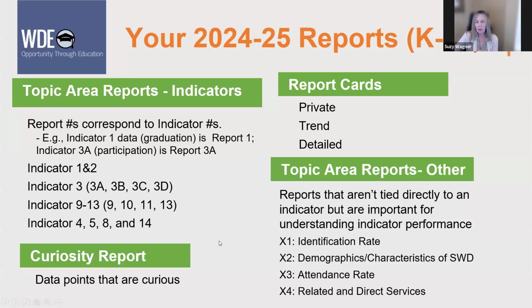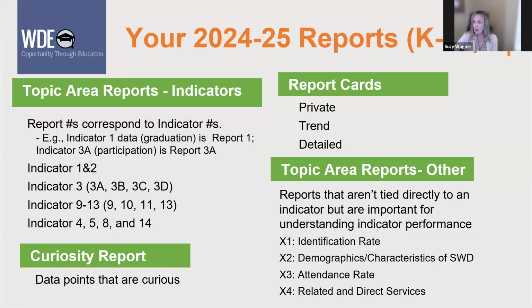The curiosity reports are something we started doing a few years ago that just point out some curiosities in the data. So for example, it lists your students who took the alternate but who do not have a primary disability code of CD or MU. Or it lists kids in restricted environments.